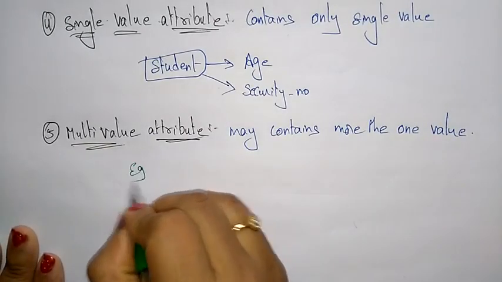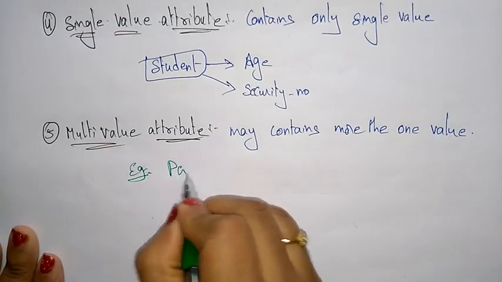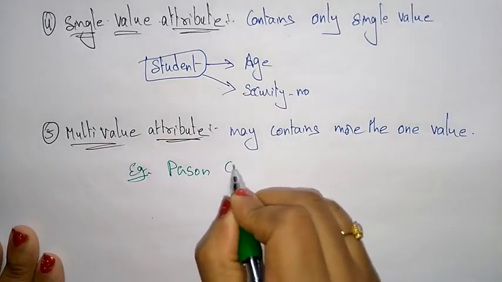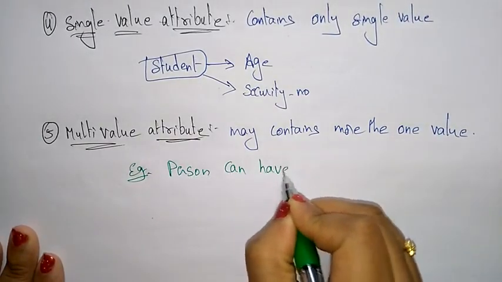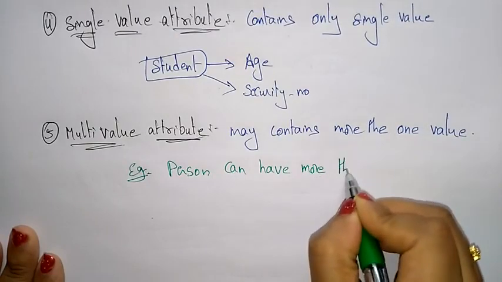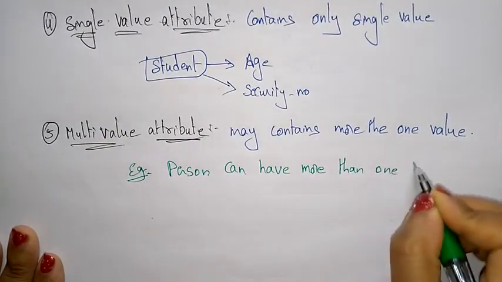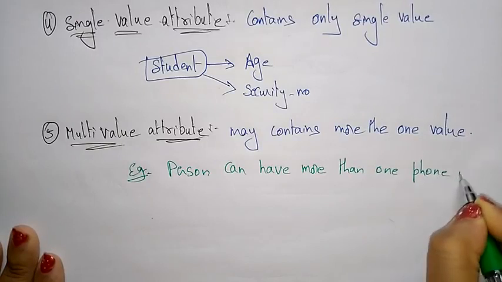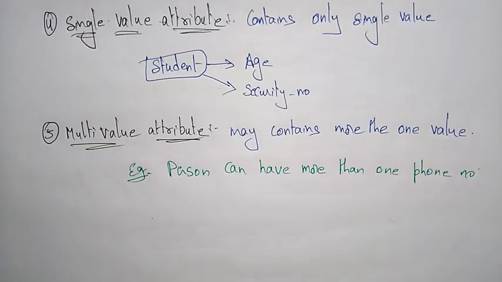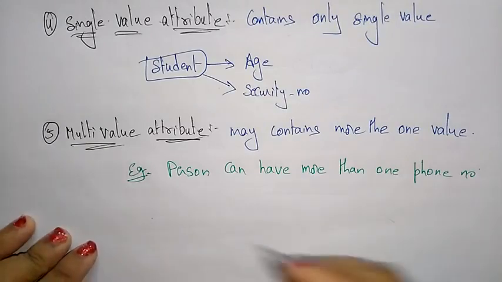Example: suppose a person can have more than one phone number. He may have different phone numbers, multiple SIMs. So a single person can have more than one phone number. That is a multi-value attribute.